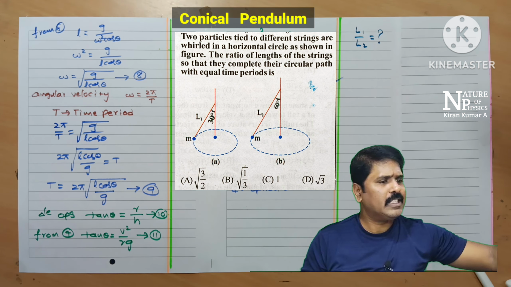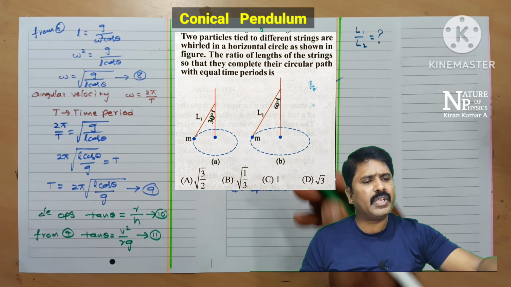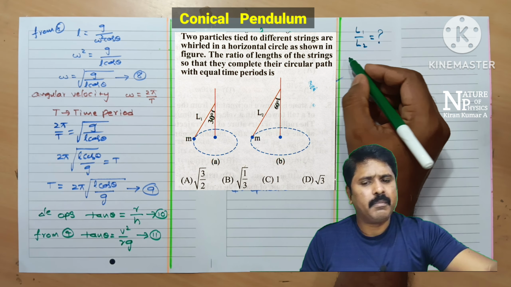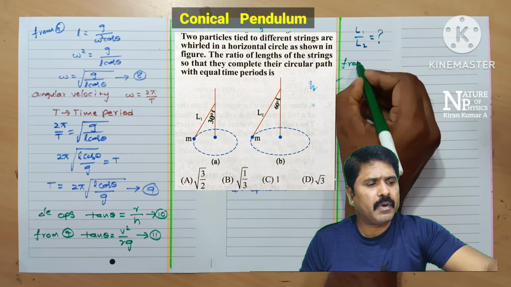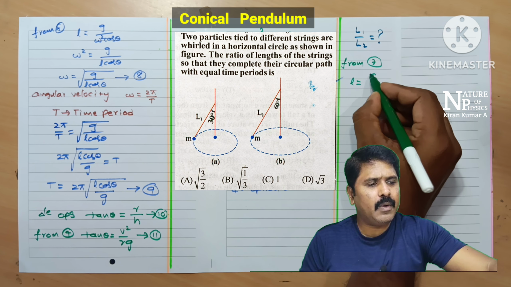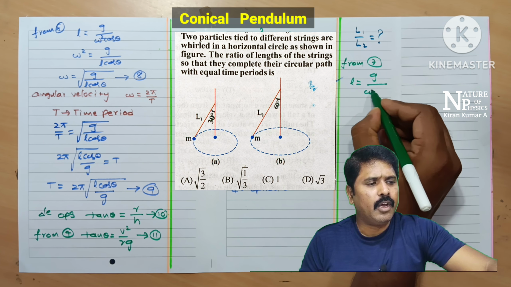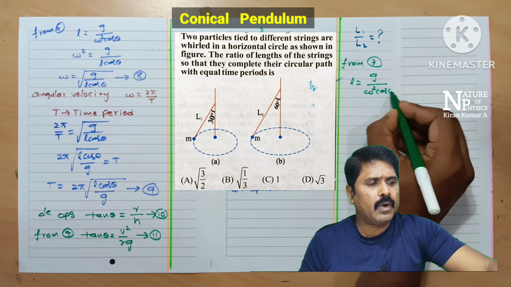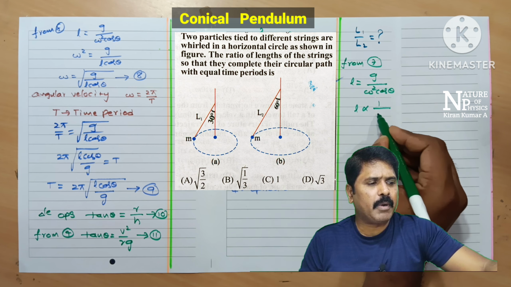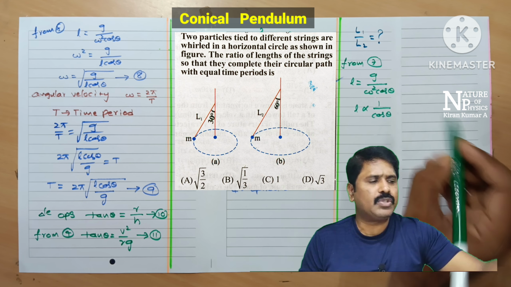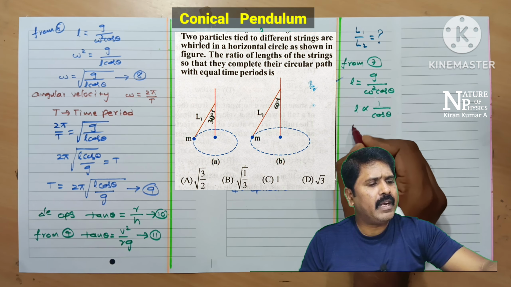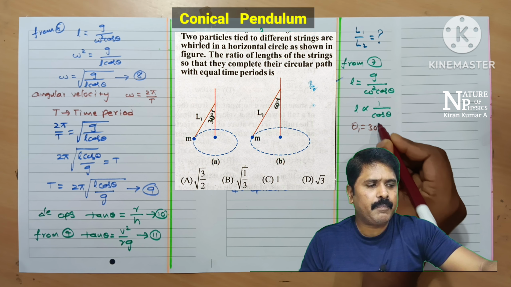Okay, so for this, the best formula, the L relation, I already gave you, that is from equation number 7, student. From equation number 7, L is equal to g divided by omega square into cos theta. So in this equation length is inversely proportional to cos theta, student, and in this question theta 1 is given as 30 degrees.